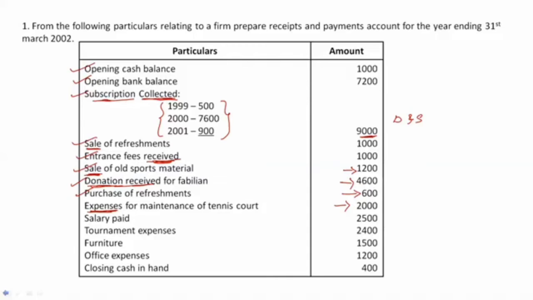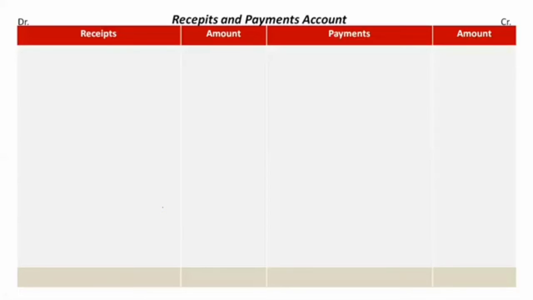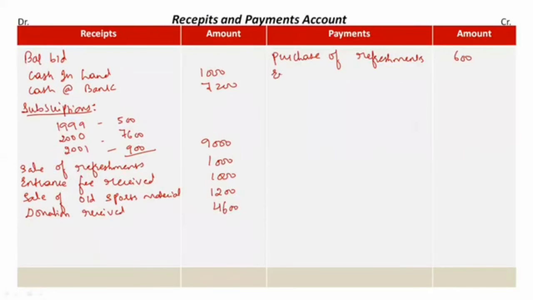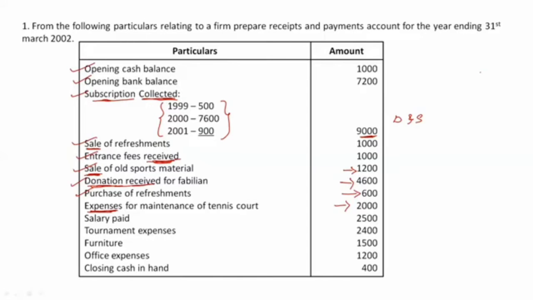Obviously I am not receiving any money here, it's my expense. I am giving certain money to others, so it's my payment. So I'll take it on the payment side as expenses for maintenance of tennis court, rupees 2000. Then come back to the question.